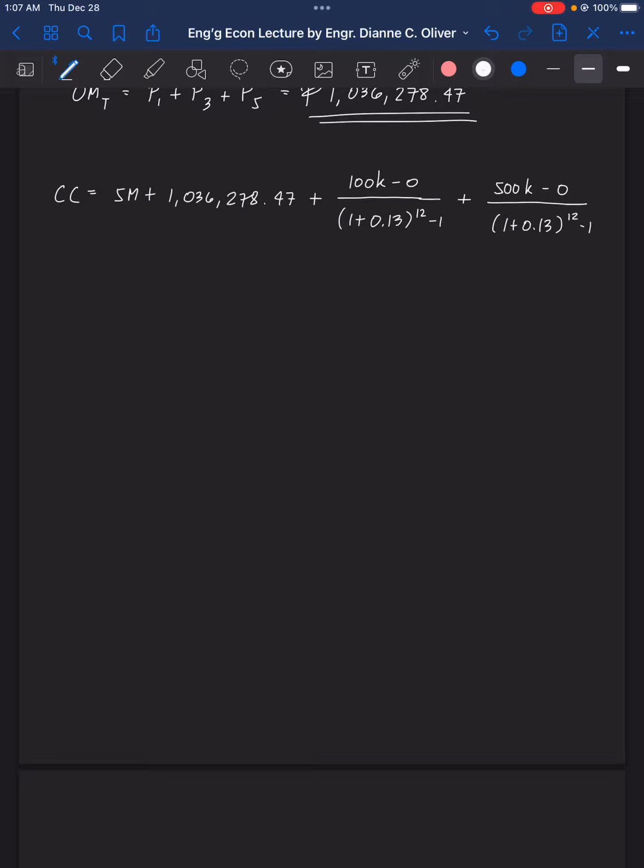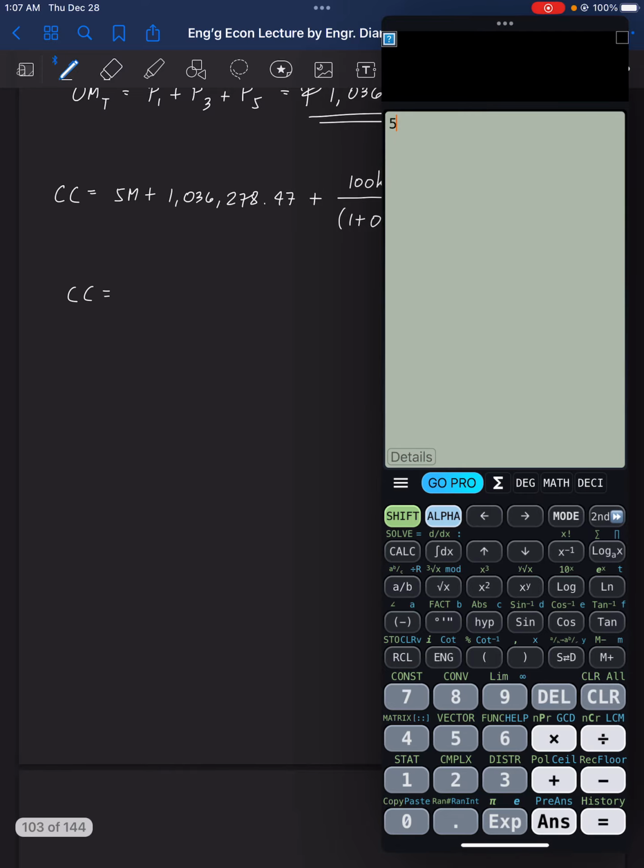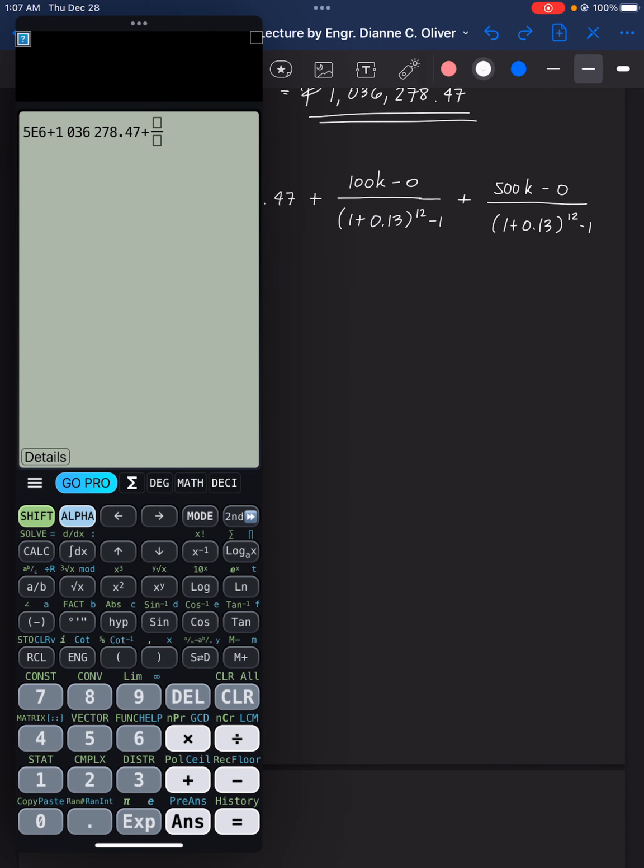So what's our CC? What's the capitalized cost? So 5 million plus 1,036,278.47 plus we have 100,000 plus 500,000 over 1.13 raised to 12 minus 1.